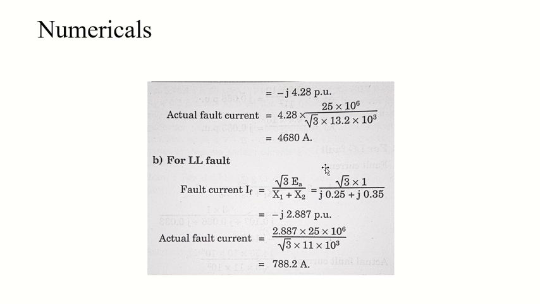Now to find for LL fault, things are much easier because you just have to add two impedances, right? Because in LL fault, remember, we don't consider zero sequence current or zero sequence reactance. So here you will be adding just the positive sequence and negative sequence reactances in the denominator, and in the numerator you will have root 3 into EA.